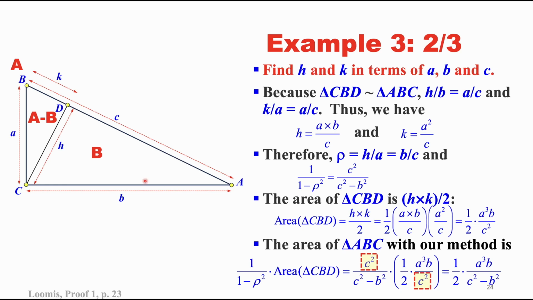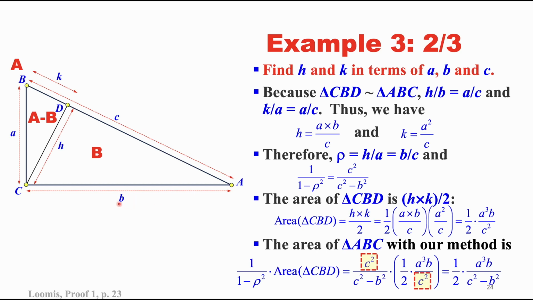What we need to do is find out what h and k are. Because triangle CBD is similar to triangle ABC, we have h over b is equal to a over c.